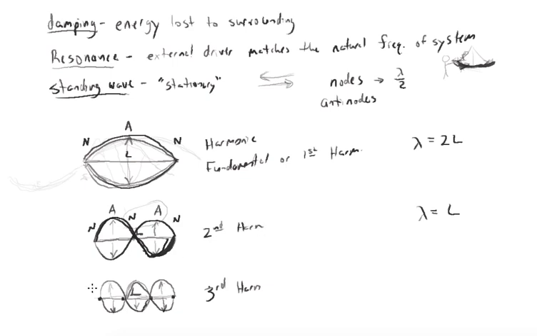And look here, we have 1 node, 2 nodes, 3 nodes, 4 nodes. So up here we had 2 nodes, now we have 4 nodes. So we added an extra node. We had 1 antinode, then 2 antinodes, and now 3 antinodes. 1, 2, 3.